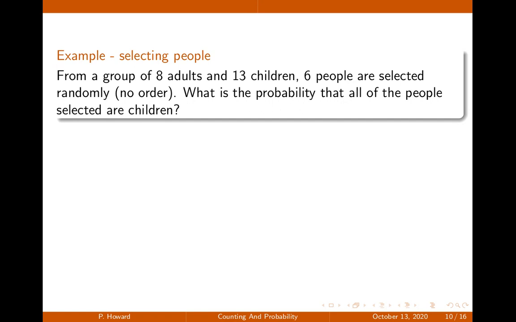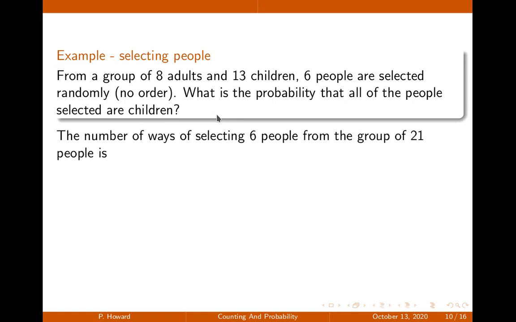Another example, from a group of 8 adults and 13 children, we're selecting 6 people randomly. We're not putting them in order. No order is involved here. So what is the probability that all of the people selected are children? Well, if you are selecting 6 people from a group of 21 people and not putting them in order, that's a combination.